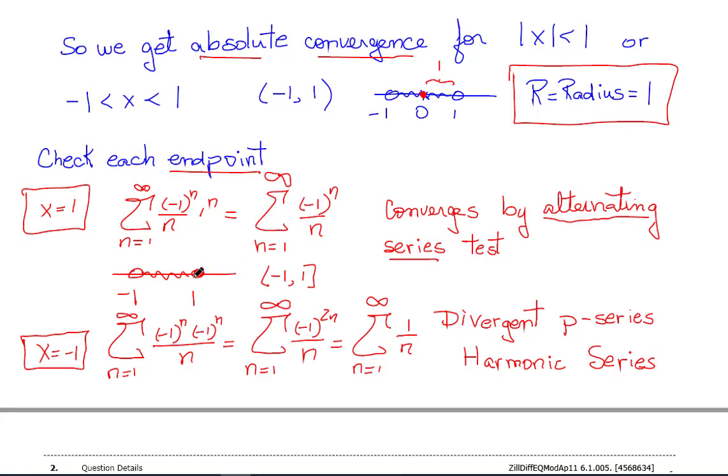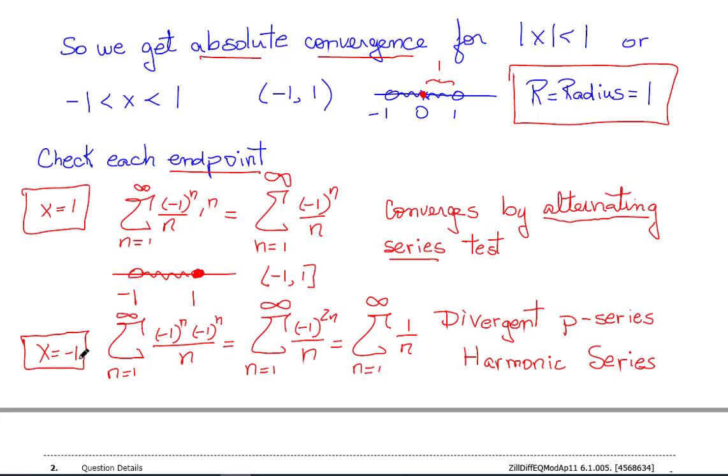And so the right endpoint does work. Alternating series test basically says, is the series alternating, and does the limit of the terms go to 0? All right, and is it decreasing?